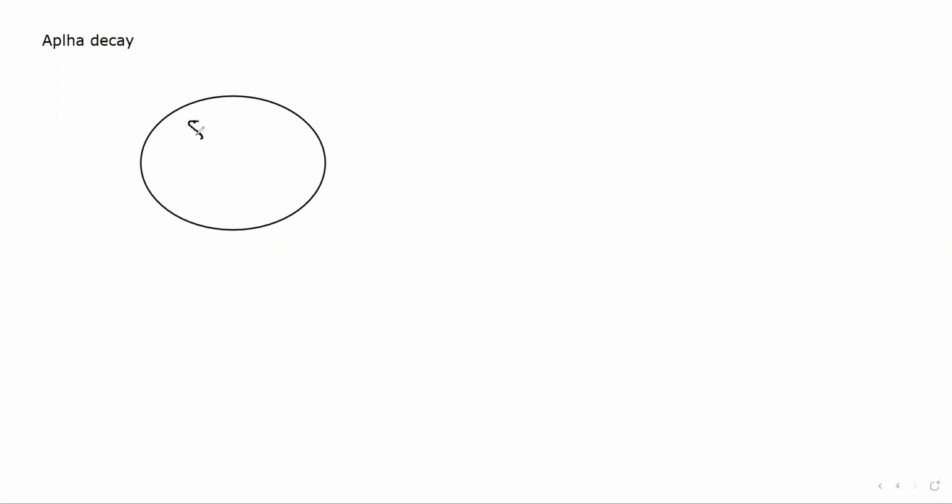Say this nucleus contains 84 protons and 144 neutrons. It emits alpha: 2 protons and 2 neutrons are released. This is the beginning.